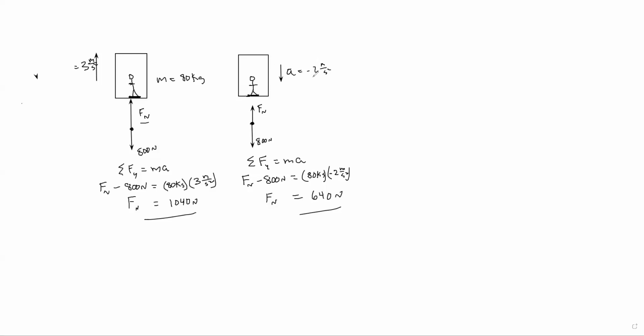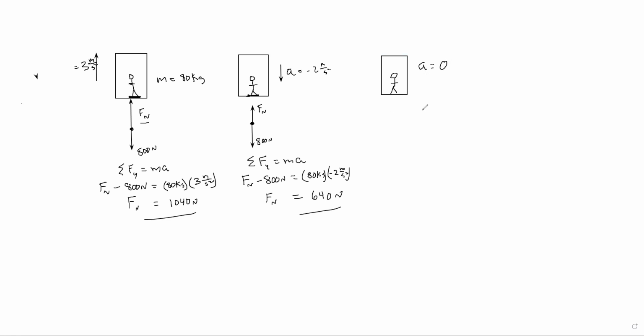And if I were to ask you, if you were to look at the situation in the elevator, and let's say your acceleration is 0 in this case, which means constant velocity.